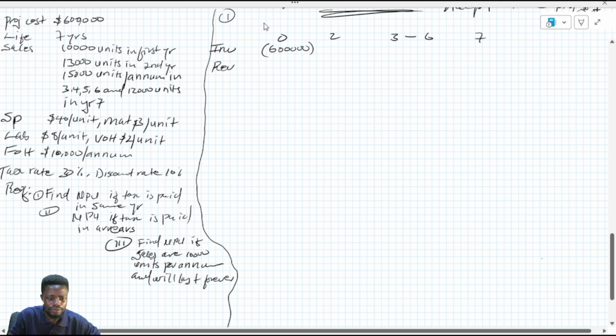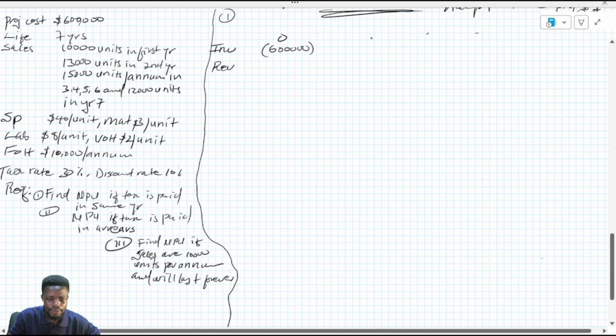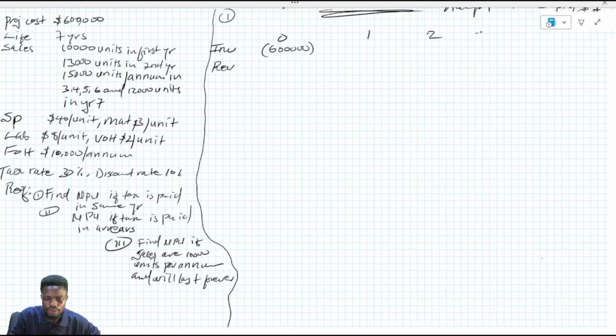We forgot to insert year 1. So our table should be year 0, 1, 2, then we get the rest. So year 1, 2, now 3 to 6, then you have 7.